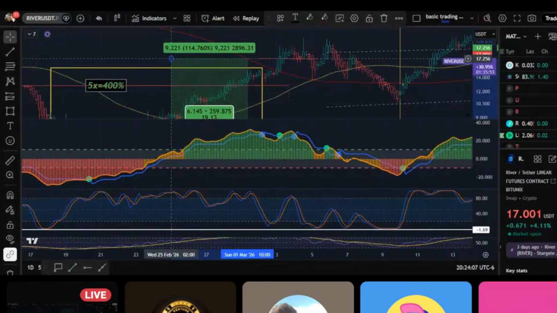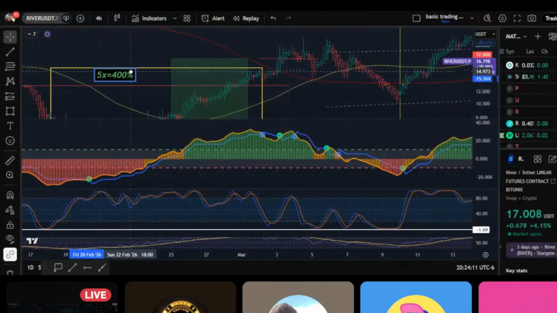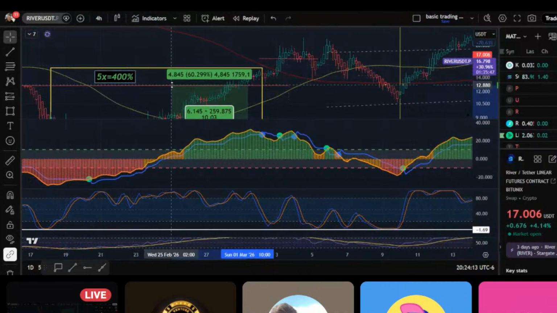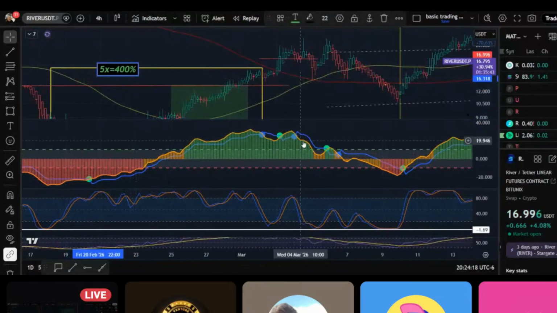So times 5, 100%. That's a possible 500%. If it goes back the other way on you, 300%, right? The middle ground is if you take that blue moon, you're at 400. So you have a 300%, a 400 if you take it, a 500 if you let it run, right?